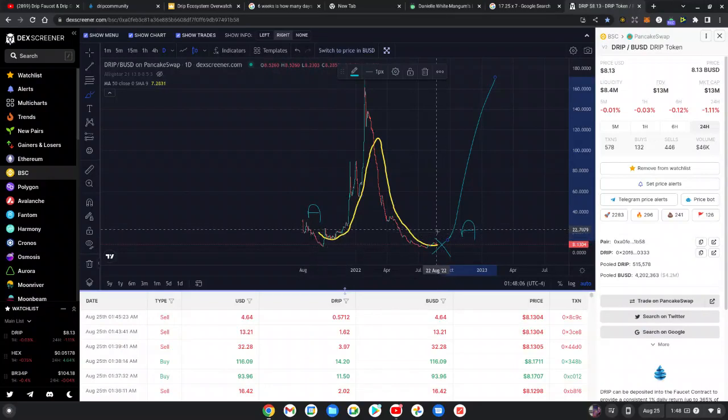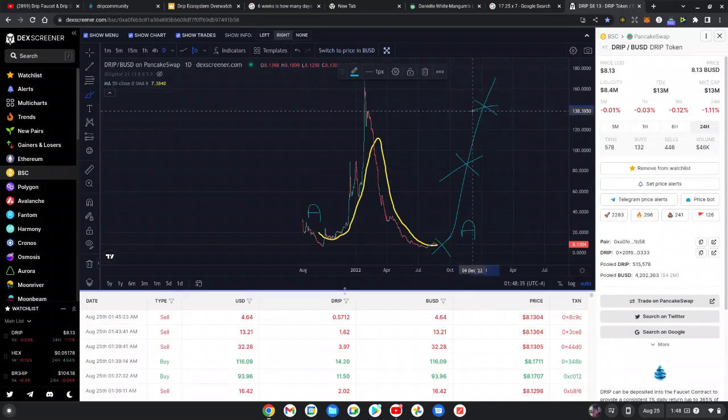So right now, we're at $4, $5, $6, $7, $8, $9, $10. You know, we keep going back and forth. But this is the accumulation phase. So when you want to buy the Drip, you don't want to buy it up here when it goes up. You don't want to buy it at $100. You don't want to buy it at $150 like I did.